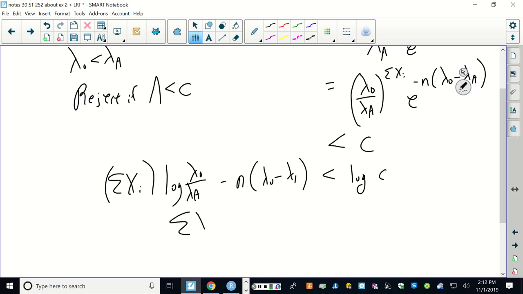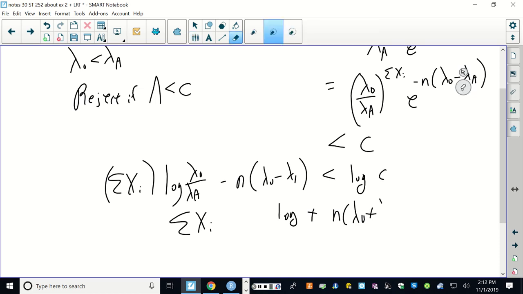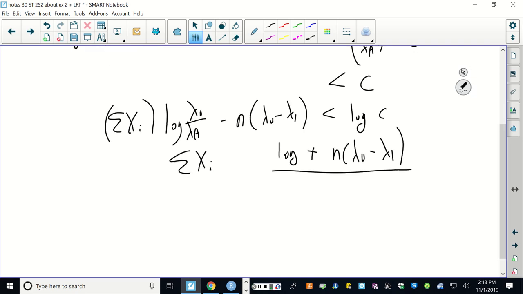So the sum of the xi, now log of c, right, adding something over here, that's fine, minus, and then dividing by log, I forgot to write the ratio here, lambda 0, lambda a, sorry, that's small. Just write the plus over, it's easier to read. And then we're going to divide by the log of this, right?